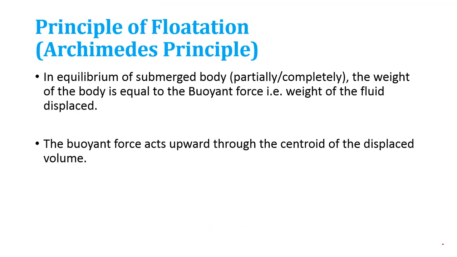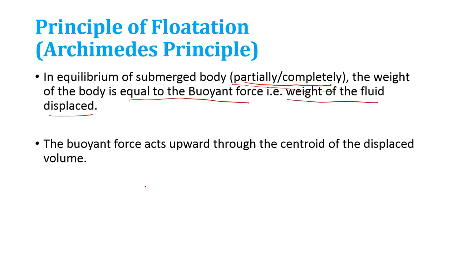Now let us move to our next concept, that is the principle of flotation. What it says is, in equilibrium of a submerged body, partially or completely, the weight of the body is equal to the buoyant force, that is, the weight of the fluid displaced.